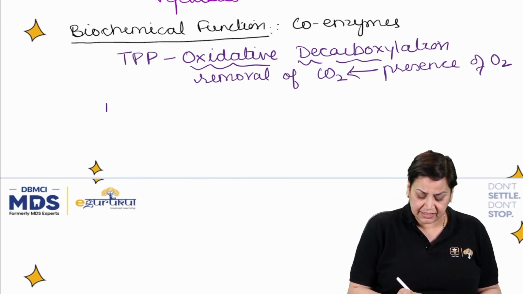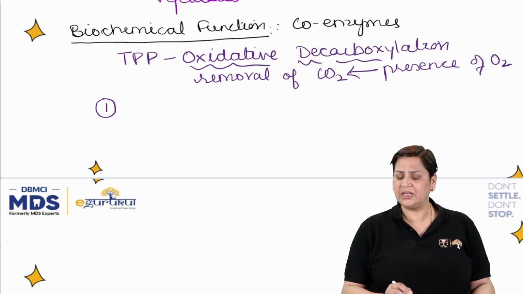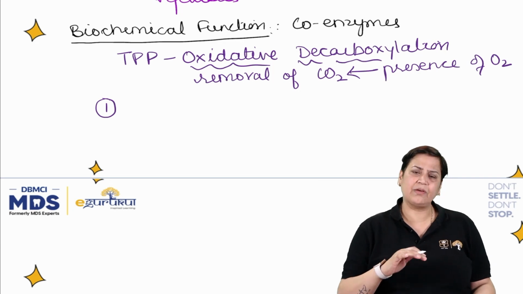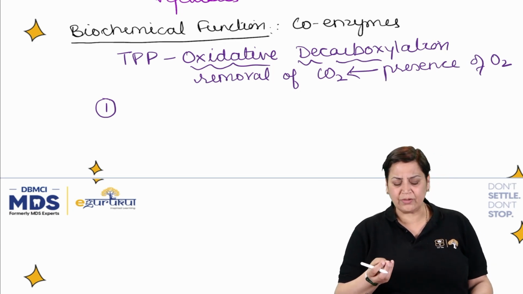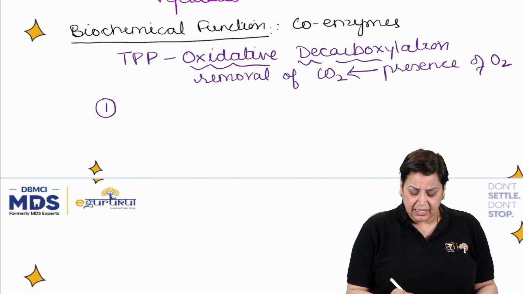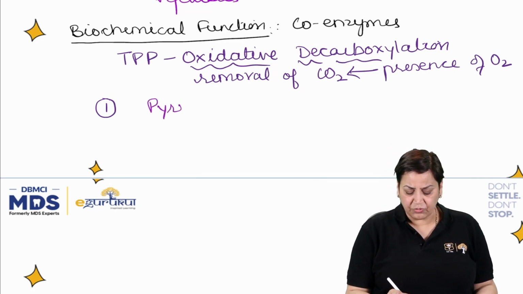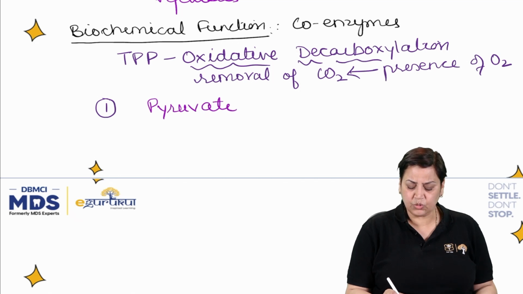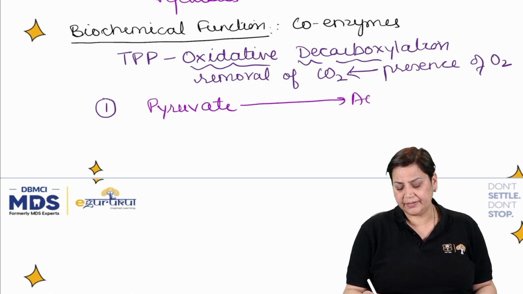The first is a very important reaction, and from the examination point of view also, I would like to say that TPP is considered a very important vitamin: the conversion of pyruvate to acetyl-CoA.